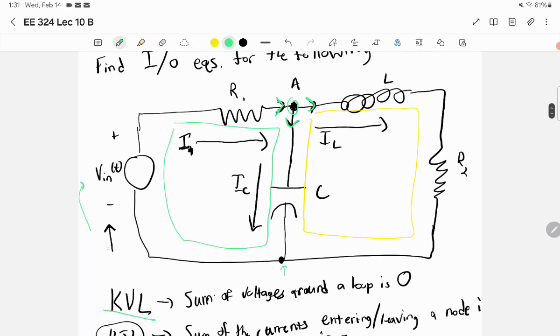Now I also have two loops here, so I'm going to have the voltage law. Your author likes to say if it comes in the negative and out the positive, that it's an increase.